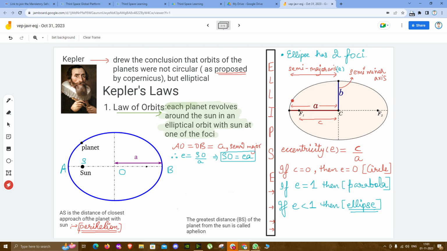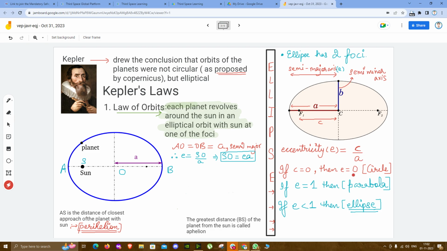See, I told you already that an ellipse has two foci. So one focus is here and one focus is here. This is not the focus for this figure, but it has two foci. And eccentricity essentially is the ratio of the distance of one of the foci, that is C in this case, divided by the semi-major axis.